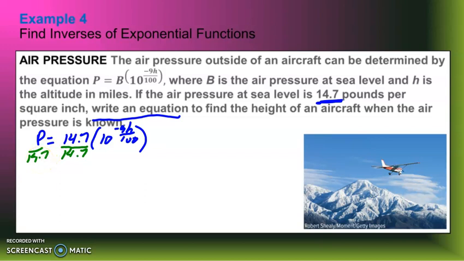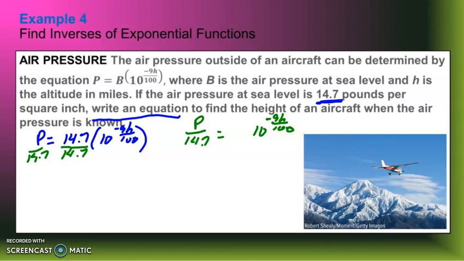And now I have P over 14.7 equals 10 raised to the negative 9h all over 100. Now I have to get the exponent down.